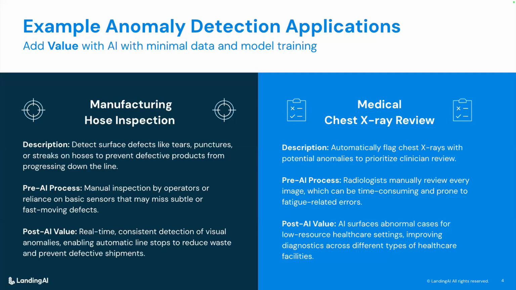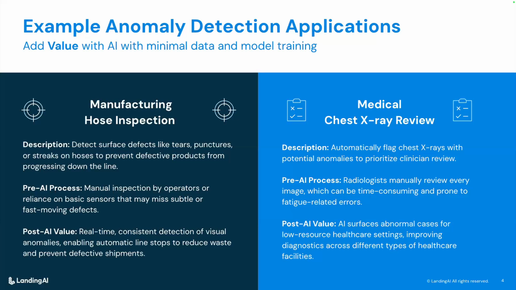For one use case, thinking about different surface defects, which is a very common use case regardless of the material you're inspecting, in this example we're looking at hose, you're able to detect tears in those hoses before they ship out, so before there is a complaint filed from the end customer.